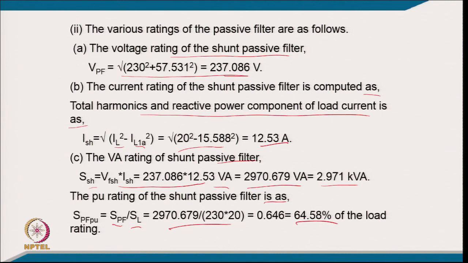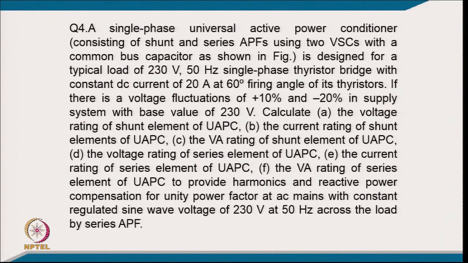So, coming to the fourth numerical problem: a single phase universal active power conditioner consisting of series and shunt active filters using two voltage source converters with a common DC bus capacitor is designed for a typical load of 230 volt 50 hertz single phase thyristor bridge with a constant current of 20 ampere at 60 degree firing angle of its thyristor.